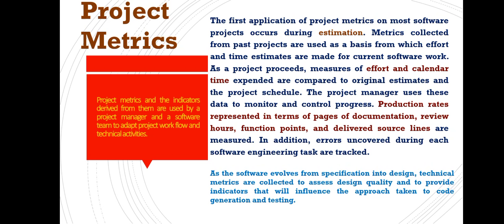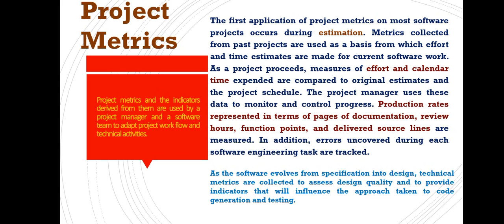So the first application of a project metric on most software projects occurs during estimation. We have already discussed the concept of estimation. This concept comes only when we have a complete idea regarding the past projects or the completed projects that we have already done.